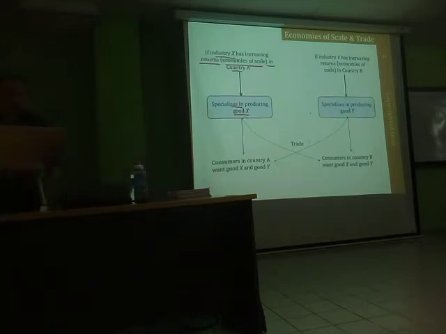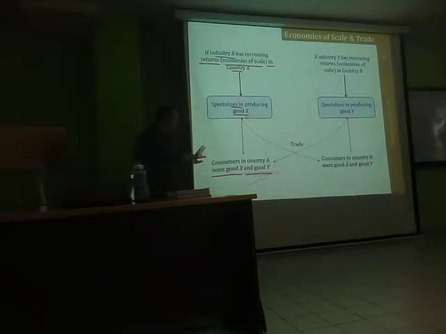So when it specializes in good X, consumers in country A want good X and good Y. This country can specialize in good X and supply it for local use.